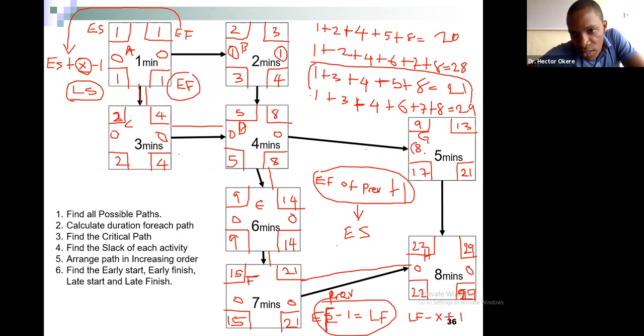Slack time for this activity is 8. Slack time for this activity is also 8. Okay, so you can see now that it is consistent with our value.